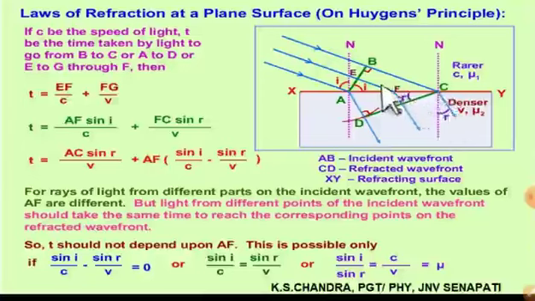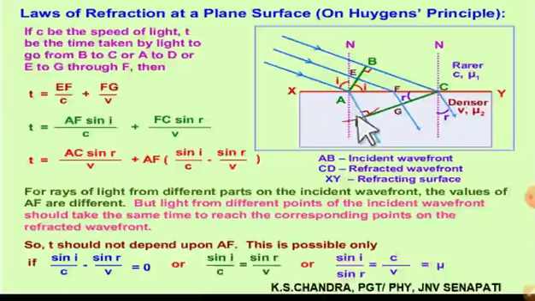Now, during the time B reaches C, at that same time, A also reaches this point D. Then CD will be the plane refracted wavefront. Now BC and AD will be different distances. Why?